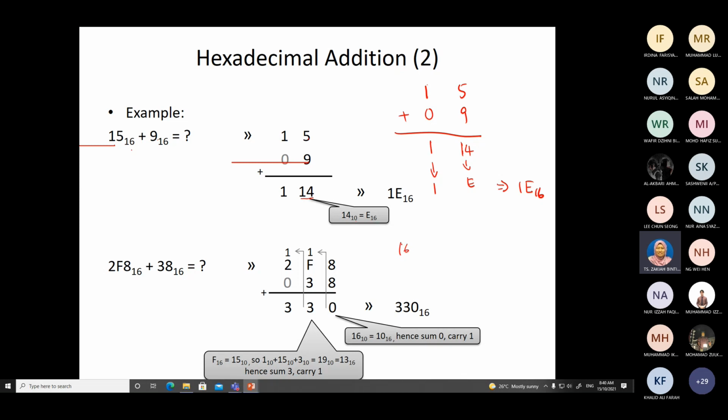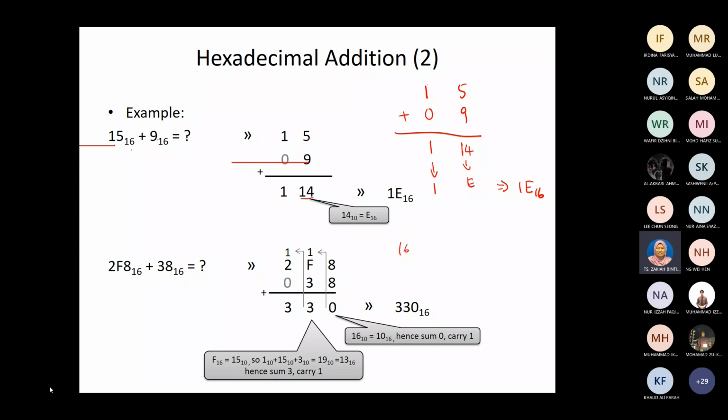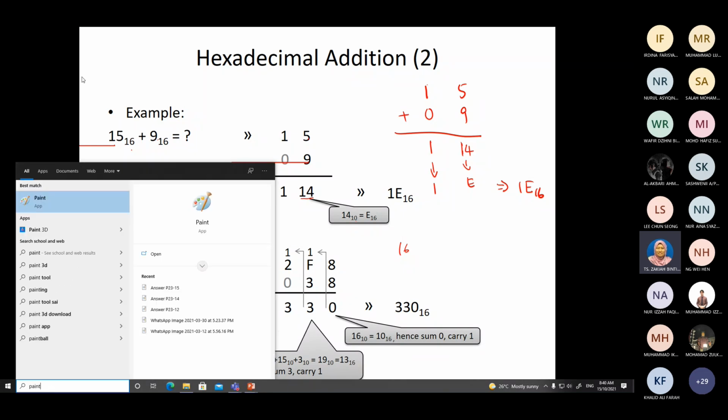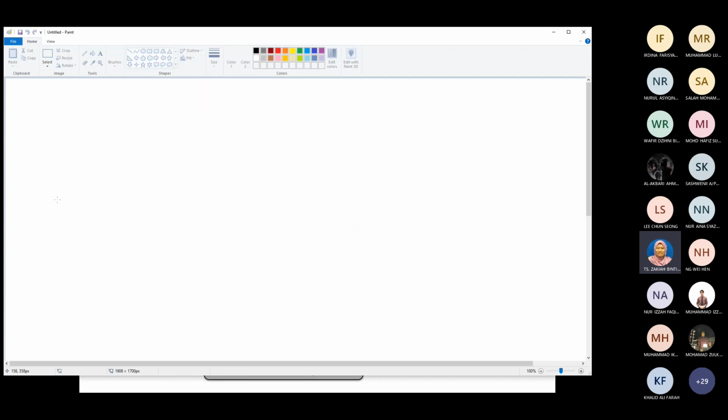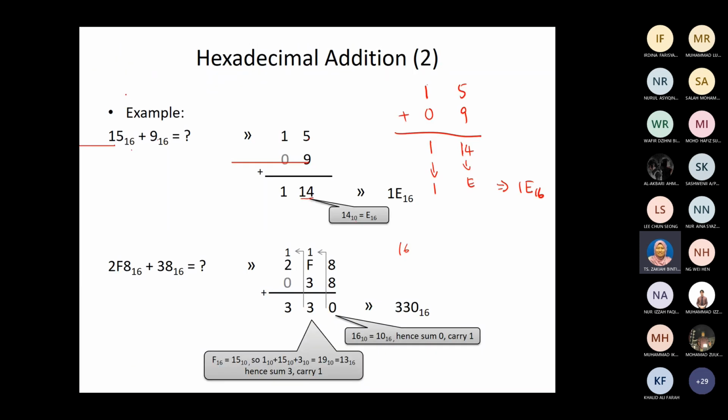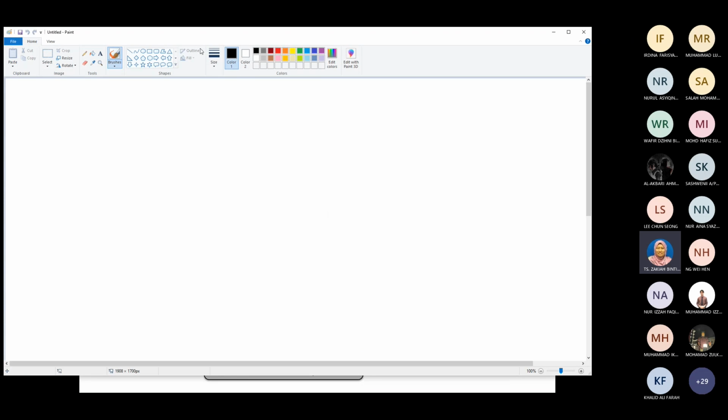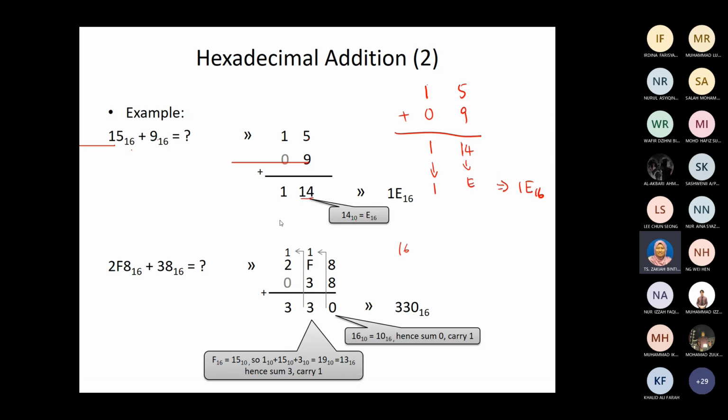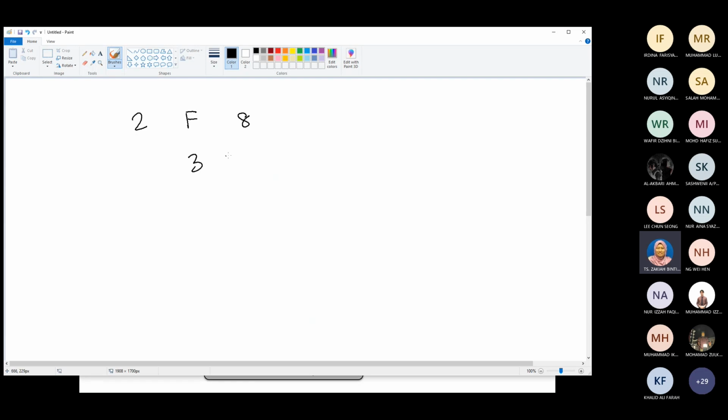So let me show it on the paint. Here's my pen. Okay, now 2F8 plus 38.